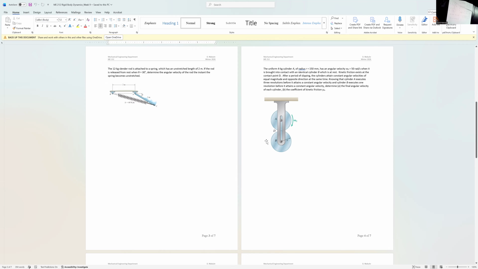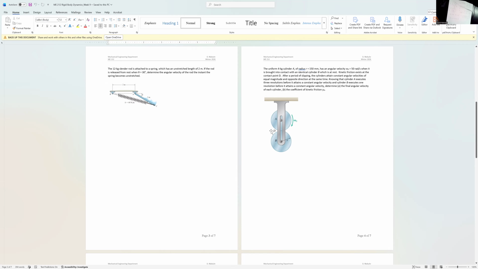So, in essence, disk A is moving at 50 radians per second by itself, and then it's brought into contact with disk B. After disk A rotates a total of three full rotations, disk B rotates one full rotation. At that point, the two disks are rotating at the same rate, so slipping is no longer occurring.